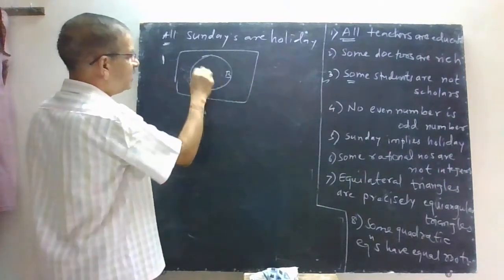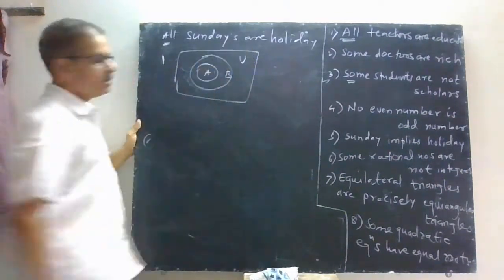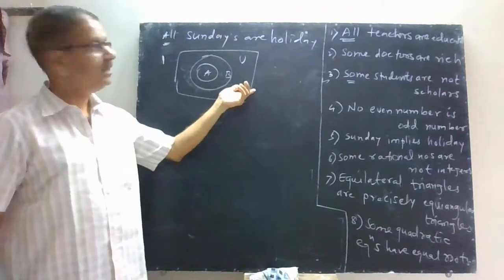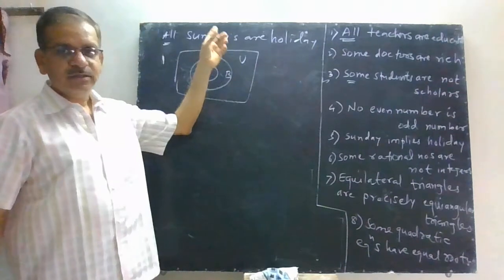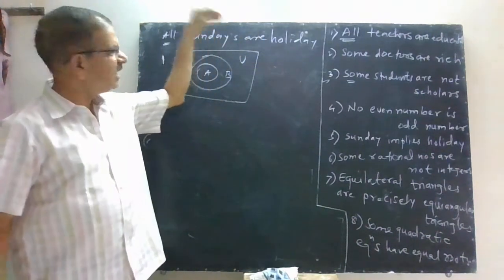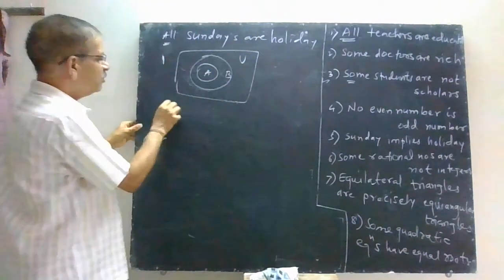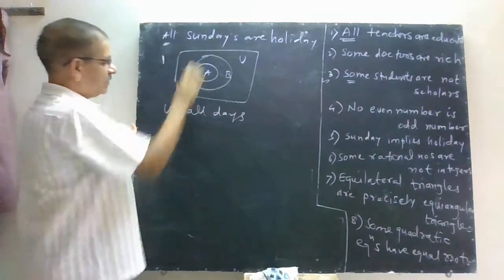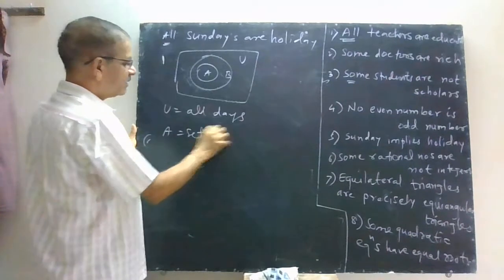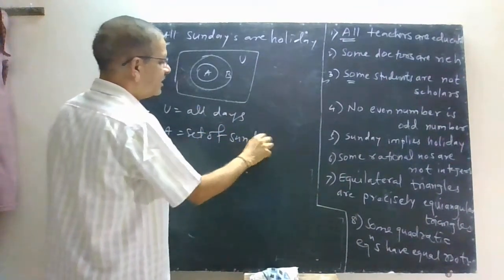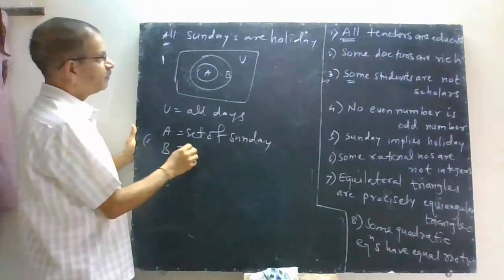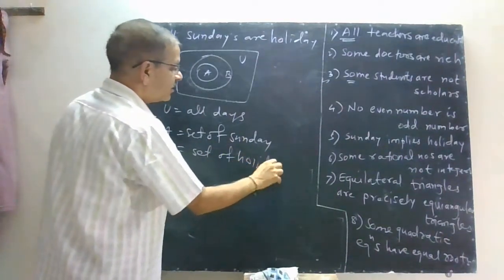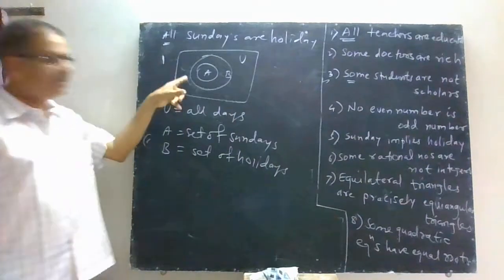This is your B, this is your set A, and this is your U. You are thinking about days, so U is the set of all days, then A is the set of Sundays, and B is the set of holidays, and then your figure will be like that.